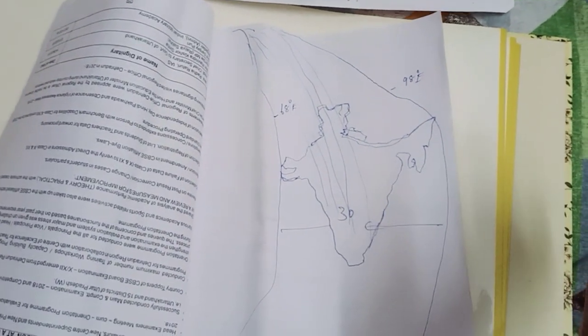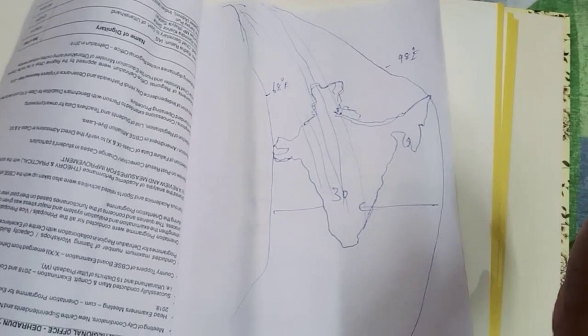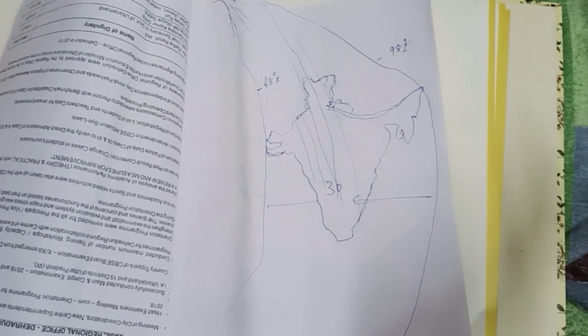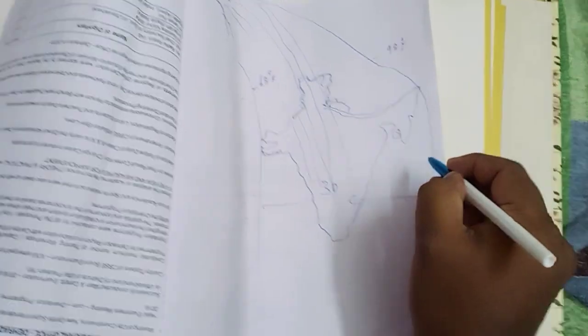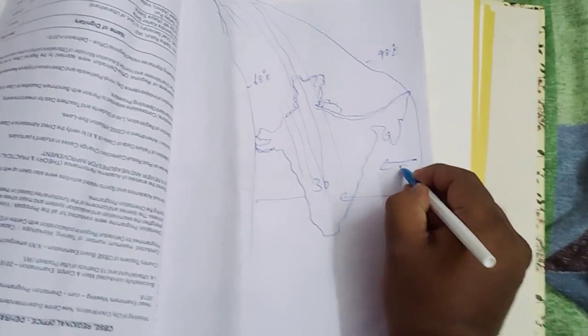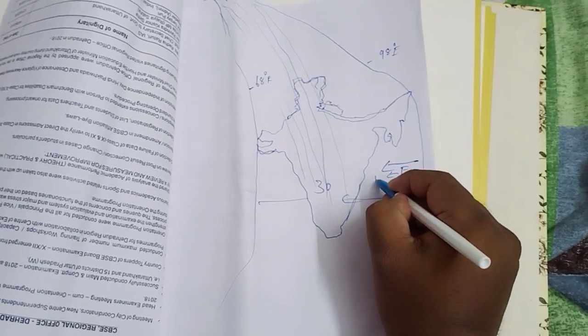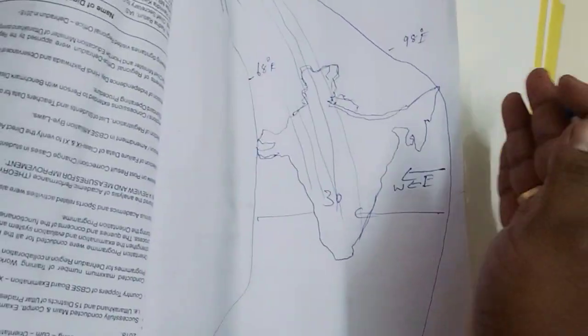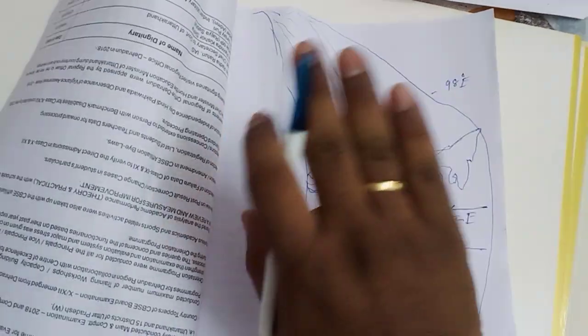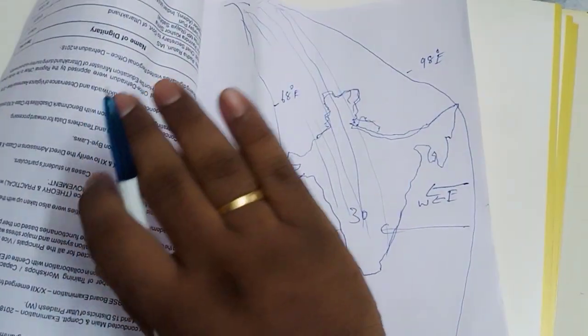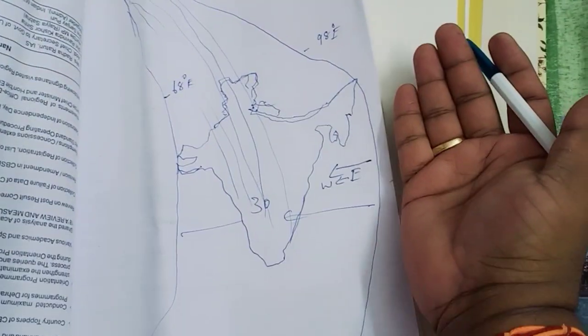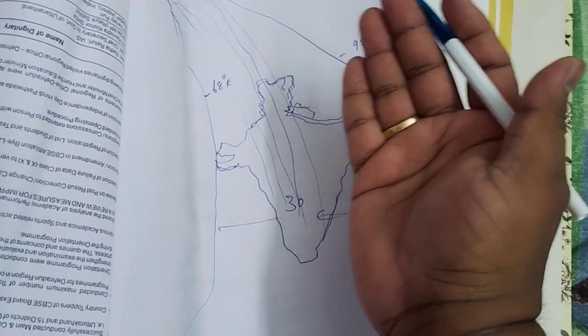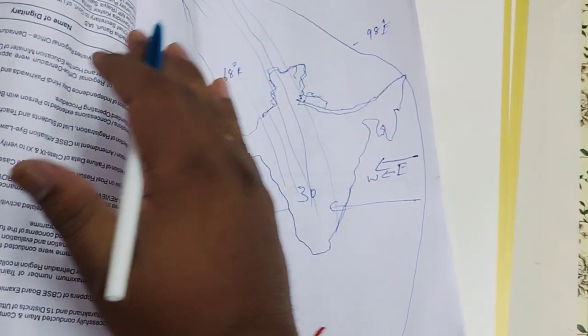Now, as I discussed, first point, the sun's rays move from which direction to which direction? From east to west. East to west. Isn't it? The sun's rays are moving from east to west because the earth is rotating. The sun's rays are first visible in the eastern part, and then it moves towards the west.